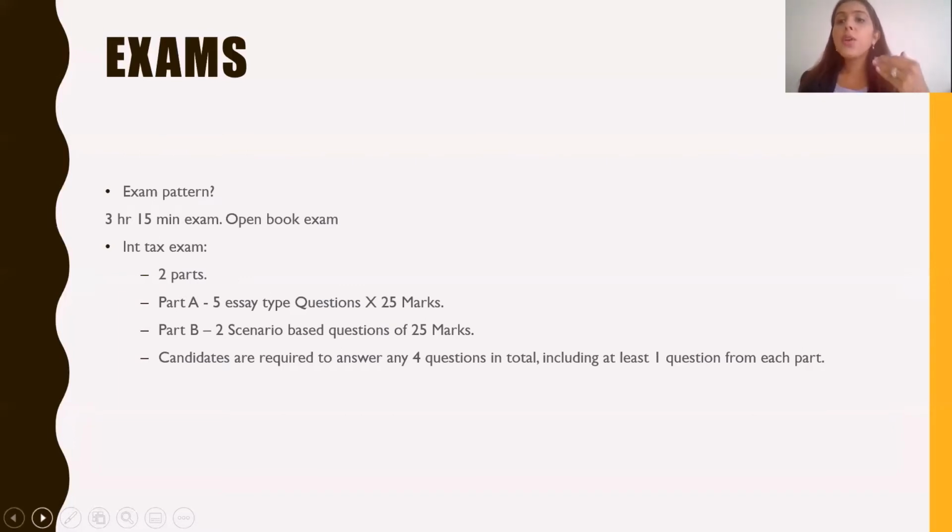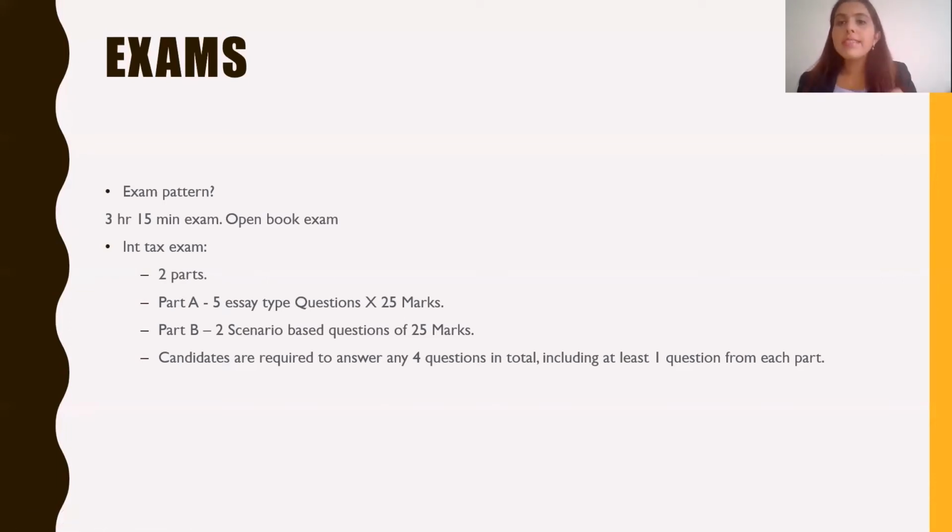These questions require you to present your opinion on a particular subject, question, or topic which is being asked. These questions carry 25 marks each. Part B is case scenario based, wherein there are 2 case studies given, and again these are of 25 marks.